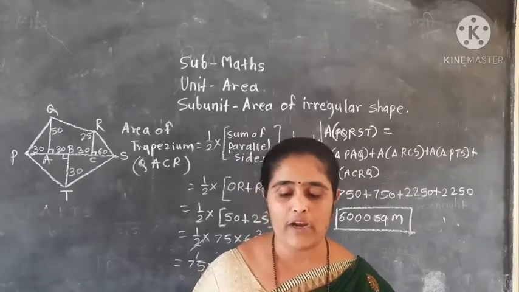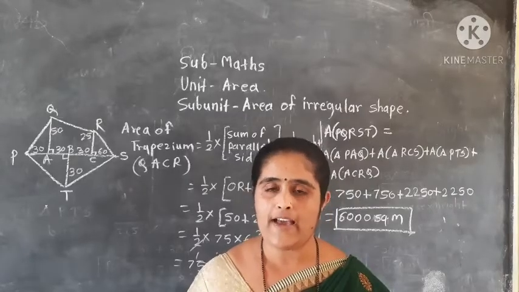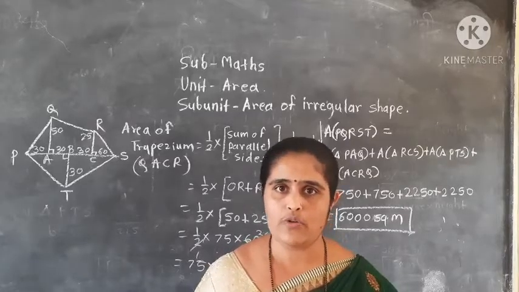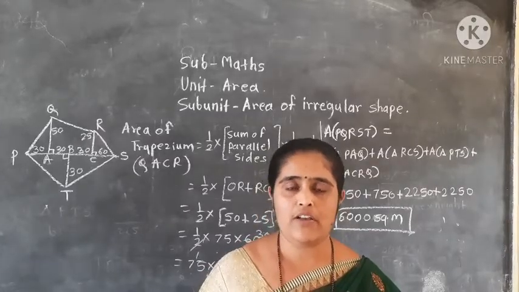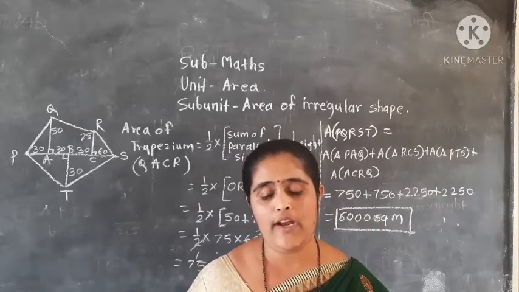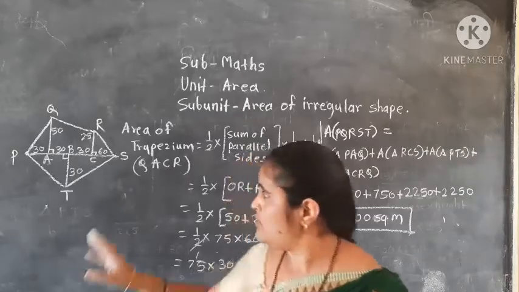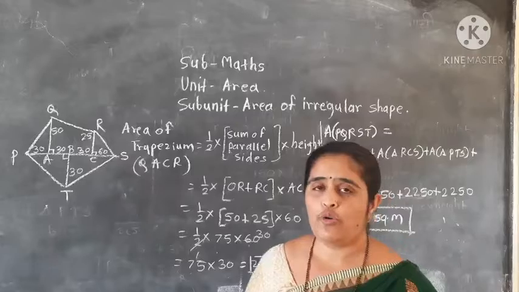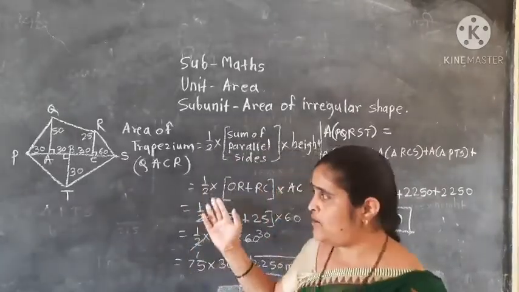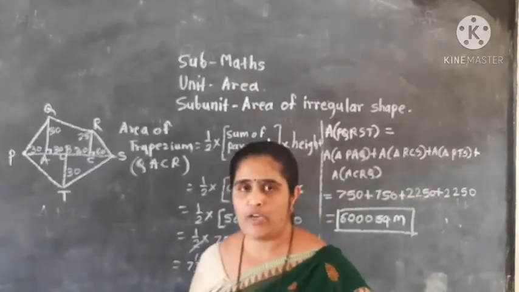After that we have to calculate area of triangle PAQ and area of triangle RCS with the help of formula 1/2 into base into height, and answer will be 750 square meter. After that we have to calculate area of trapezium QACR by using this formula, that is 1/2 into sum of parallel sides into height. Simply we add this value and get answer 2250 meter.